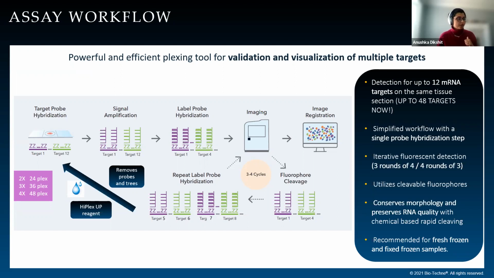So as I said, within each round of detection, you can either do 3 cycles of 4 or 4 cycles of 3, depending on the capability of the microscope you have, whether you have the ability to detect 3 fluorophores or 4 fluorophores. And this assay was originally released in this format for fixed and fresh frozen samples.